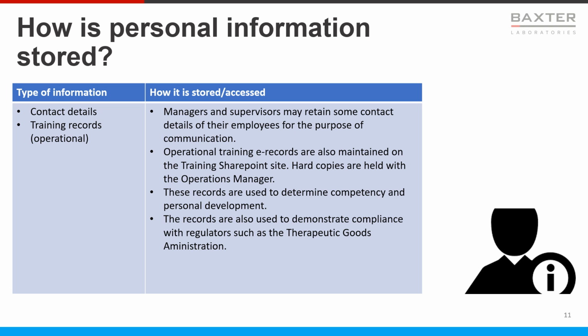Hard copies of operational training records are held with the operations manager. Electronic records are stored on the SharePoint site. These records are used to demonstrate competency and manage personal development, as well as demonstrating compliance with regulators such as the Therapeutic Goods Administration.